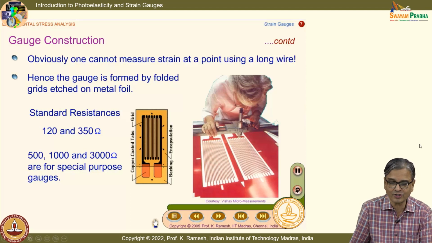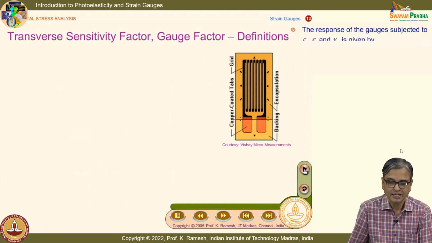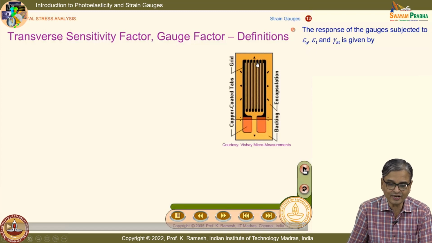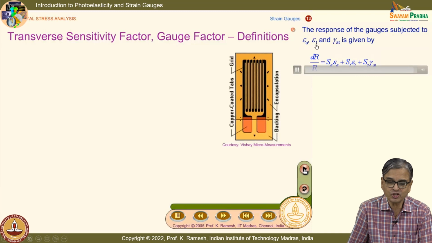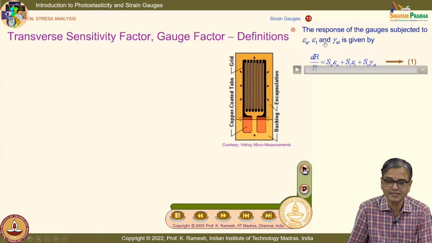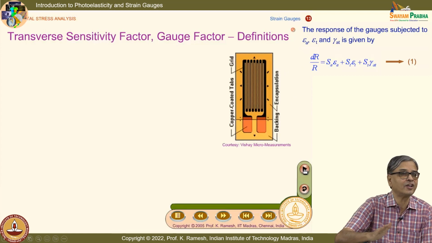Let us look at how we have handled this. In this notation, epsilon A is axial strain, that means strain along the gauge length. Epsilon T is the strain perpendicular to this, transverse to the gauge length, and gamma AT is the shear strain in the plane of AT.